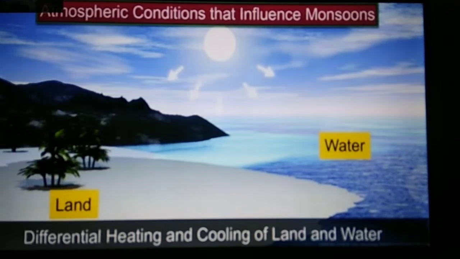As we move away from the sea, the influence of the moderate climate starts disappearing, and we start experiencing the extreme climate.